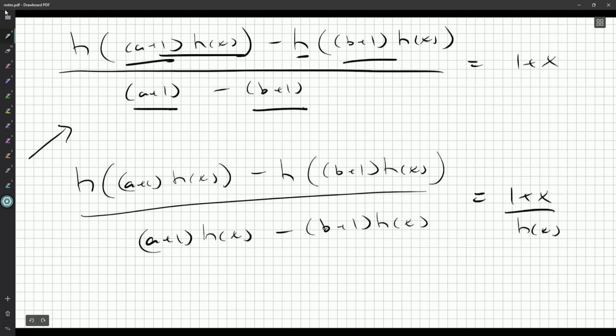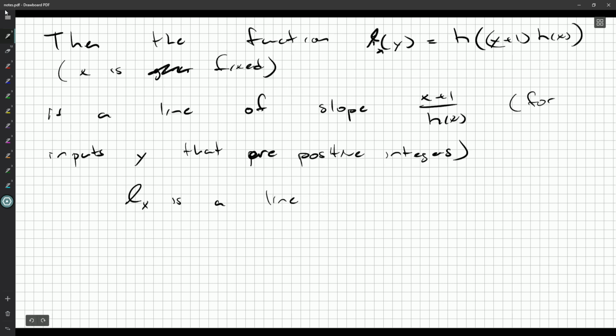Now, it's that darn plus 1 that's causing me an issue. That's what I don't like, is the plus 1 here, because that's what I was trying to subtract to correct, so that I would just get h of some multiple of h of x.